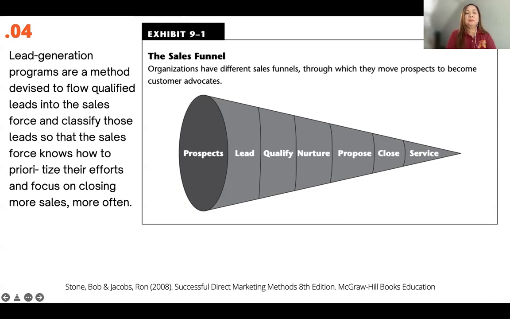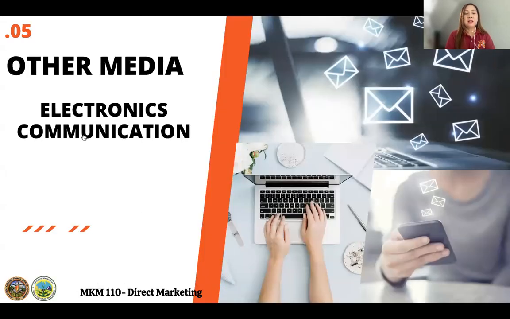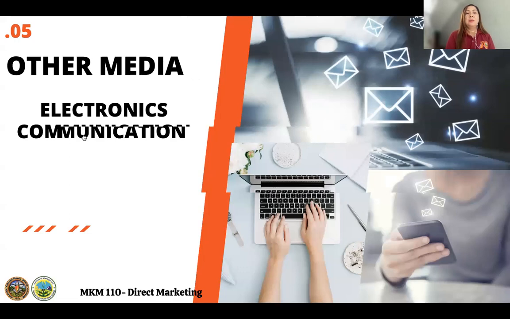So moving on with our topic, which is the other media or the electronic communications. But before that, we all know that the internet is a terrific example of communications, creating alternative methods to distribute product literature, demonstrate benefits, and close the sale.